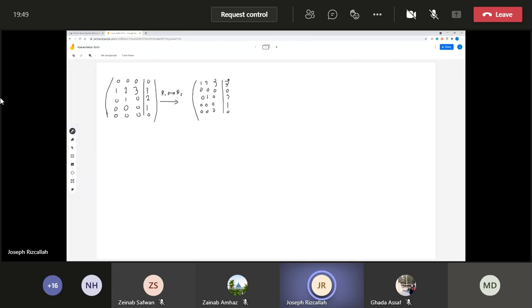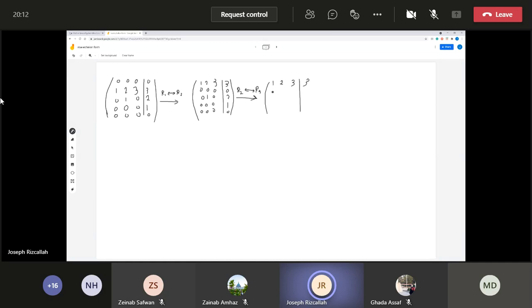And then you do it once more. Now you switch the second row with the third row. This is obvious, right? You continue doing this. This will bring the zero row one step further down. So it will be 1, 2, 3, 3.